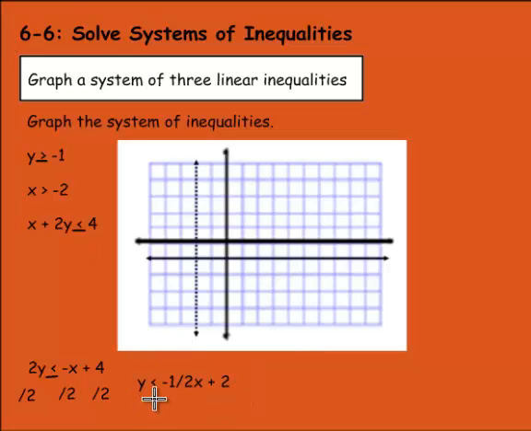Make sure that's less than or equal to again. So here's our slope-intercept equation. We'll start at our intercept at positive 2, and then our slope is negative 1/2 x. So over 2, down 1, over 2, down 1, over 2, down 1. So now we can plot these points as a line. It's less than or equal to, so we'll use a solid line again. Trace it backwards.